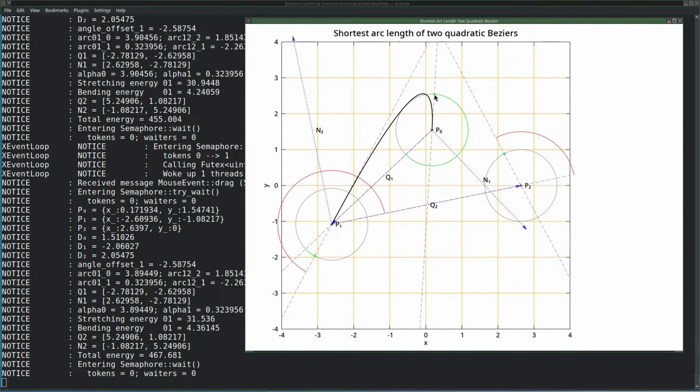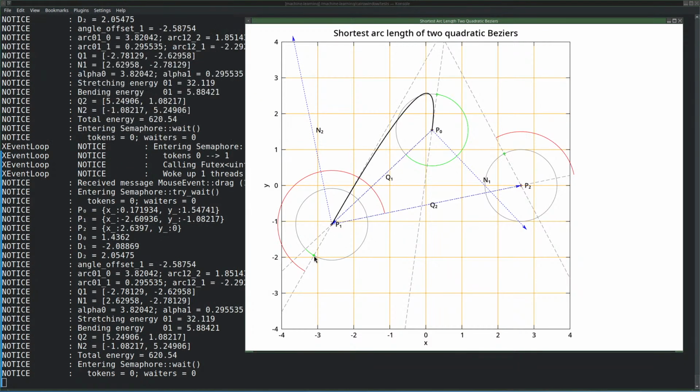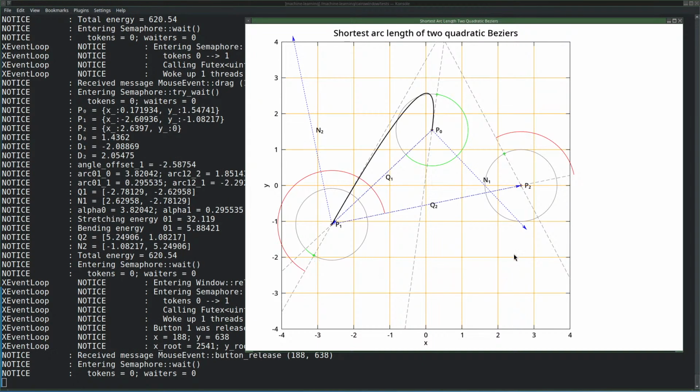No, it should be like this. Oh, this is way too high. Oh yeah, like this.